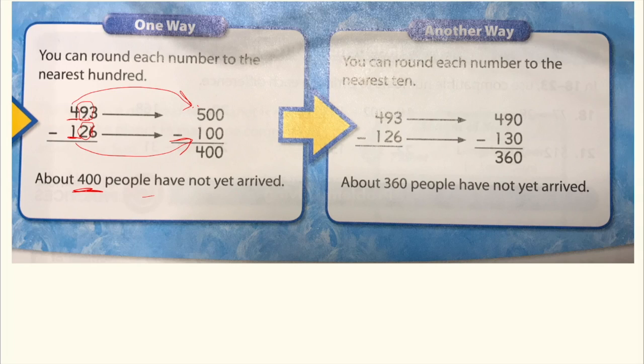You can round each number to the nearest 10 as well, which is what we did. Let's try it again. Underline the tens place, and circle the number to the right. 3 is 4 or below, so the 9 stays the same. 6 is 5 and above, so the 2 is increased by 1.